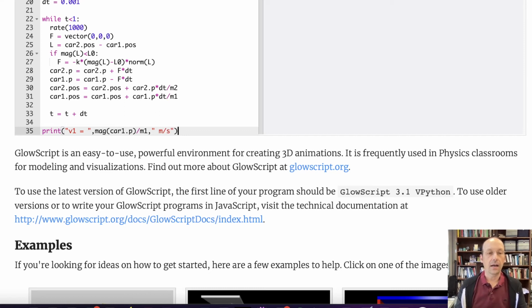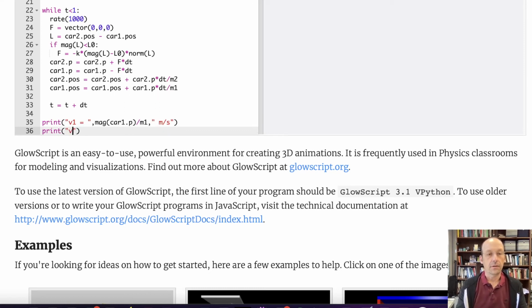And then let's print out v2 equals the magnitude of car2.p divided by m2, also in meters per second. Okay, let's just run that.